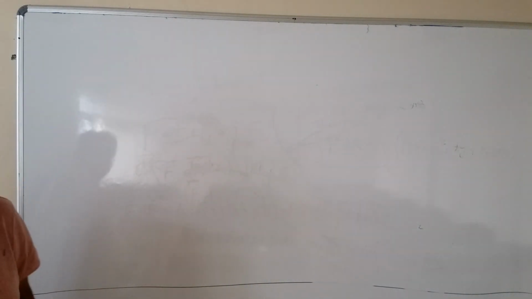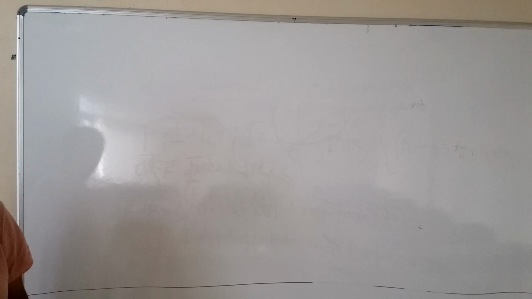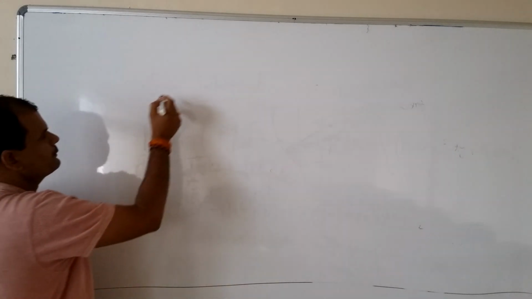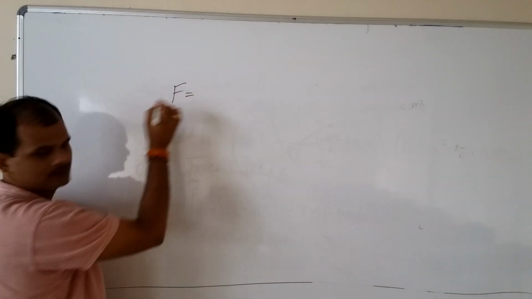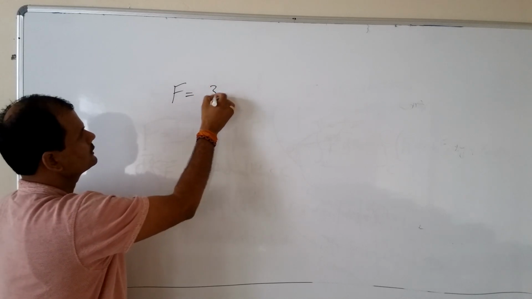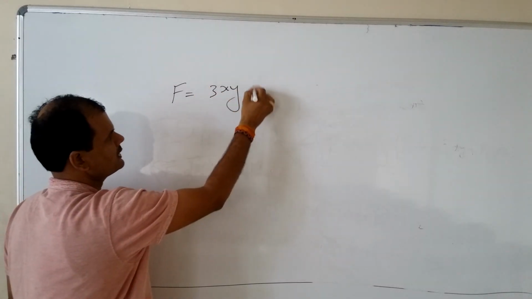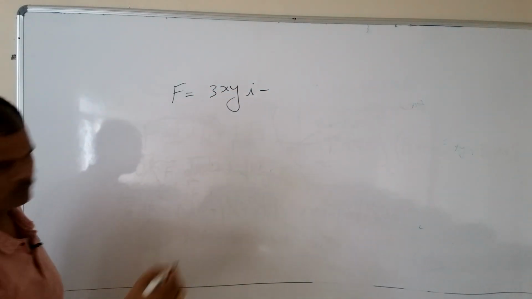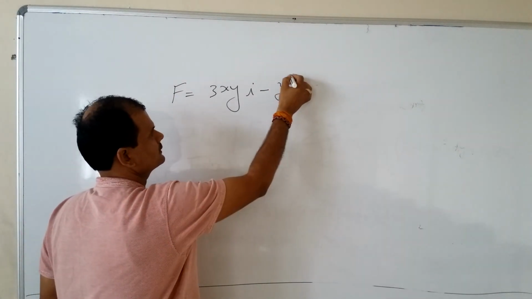First problem I have: f is given as 3xy i minus y square j.